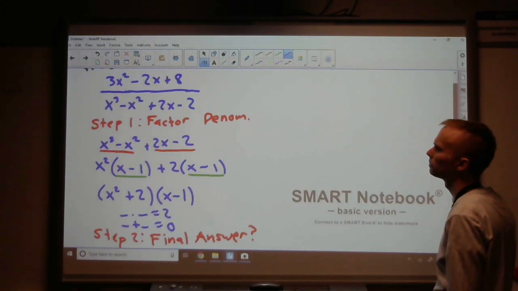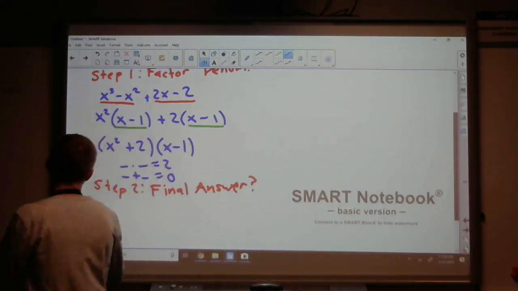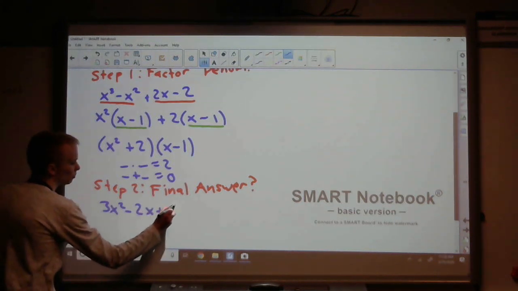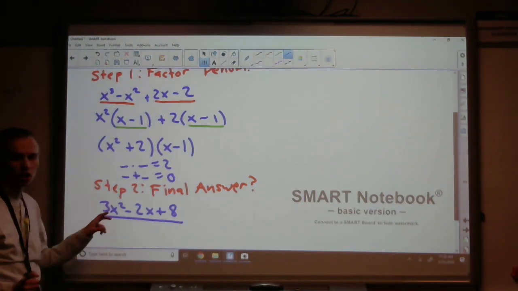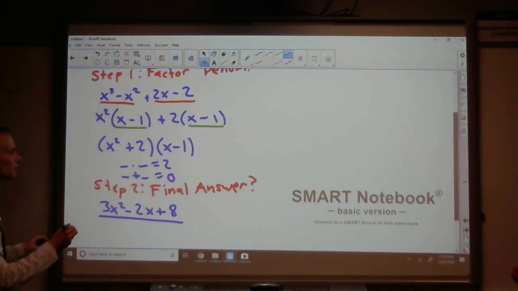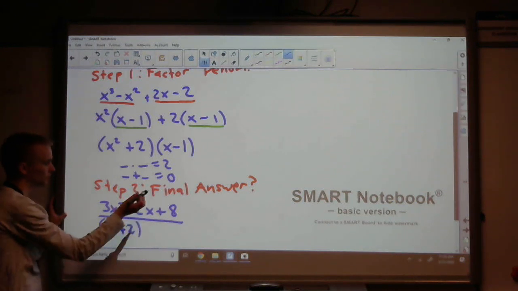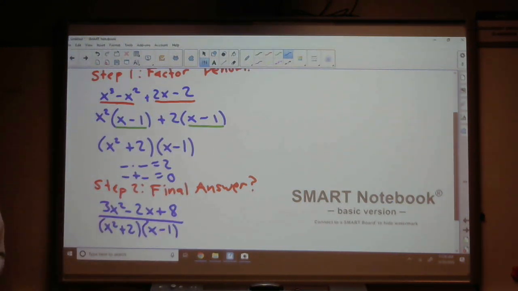What was on top of our fraction? 3x squared minus 2x plus 8. Okay. And then we factored our denominator, right? We just have x squared plus 2 and x minus 1 as our factors in the denominator.